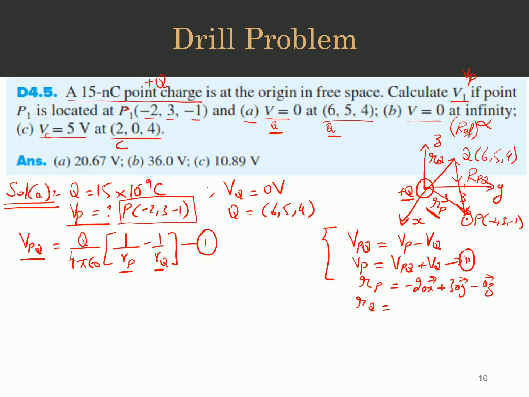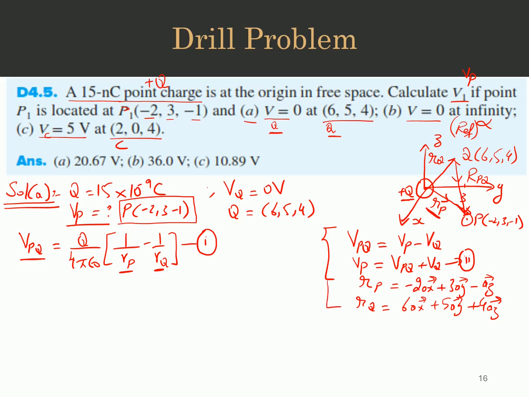So it is P minus origin. Okay, so this is R of P. Similarly, we can find the distance vector RQ, and it is going to have a value of 6, 5 and 4. So it is going to be 6AX plus 5AY plus 4A of Z. So we have figured out R of P and R of Q.